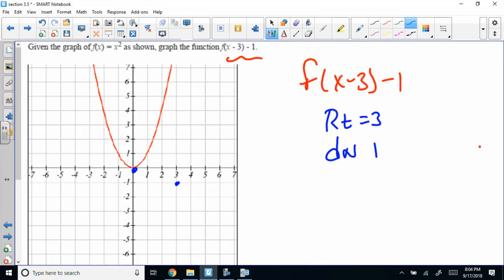So if I go over 1, it crosses at grids, right? And let's go over 2. That's still 1, 2, 3, what? 4. So 1, 2, 3, 4.